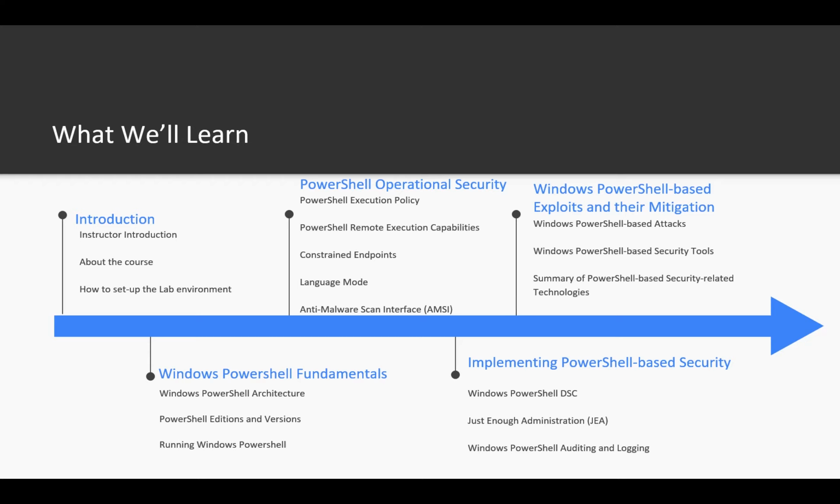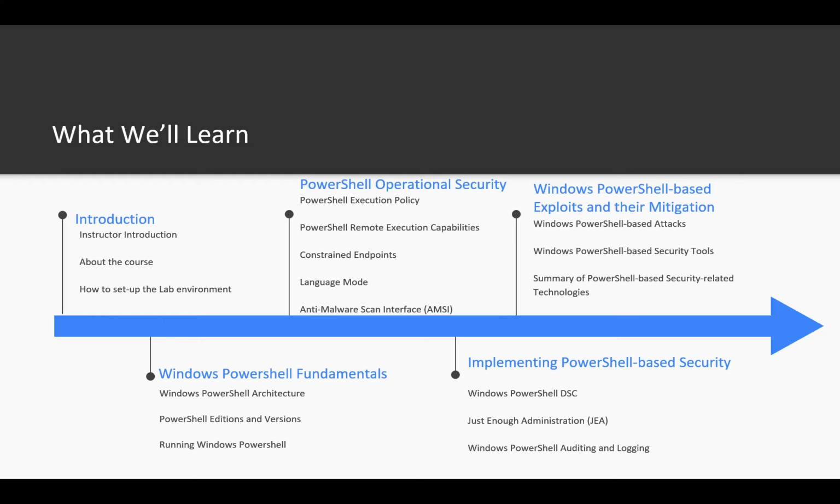So, this is the introduction section, in which you have the first lesson, the instructor introduction, this lesson in which we are discussing the course, and you will have another lesson, lesson 3 from the introduction section, in which I will show you and explain to you step by step how to set up the lab environment. Because at the end of the course you will have a very cool lab available in which you will get to experience hands-on the topics learned throughout the course.